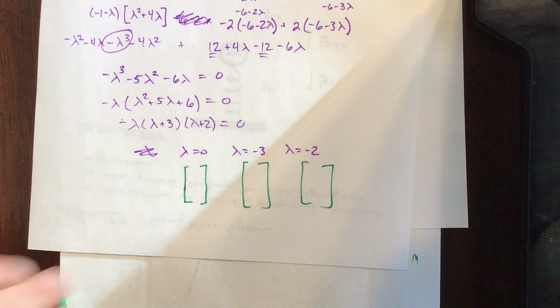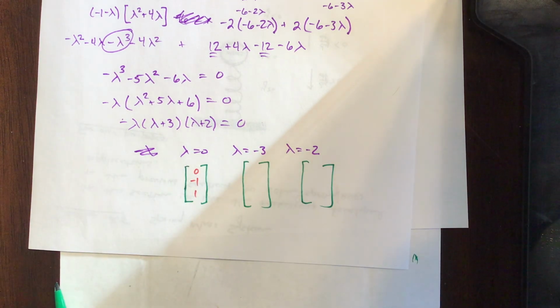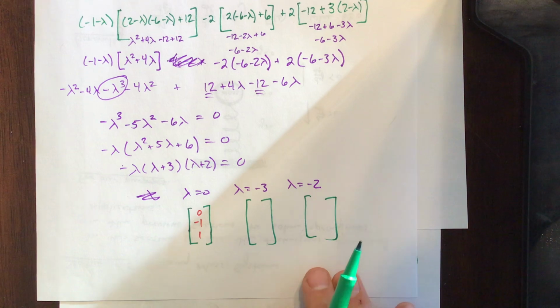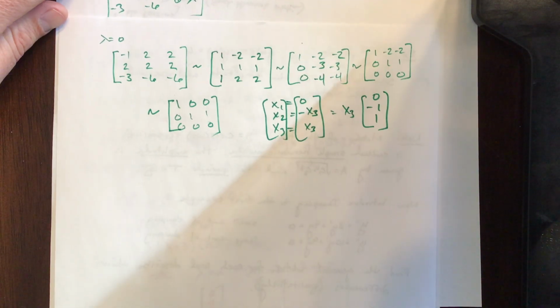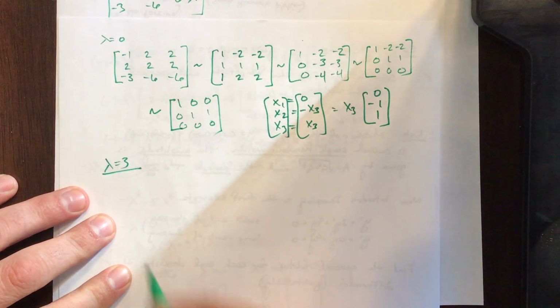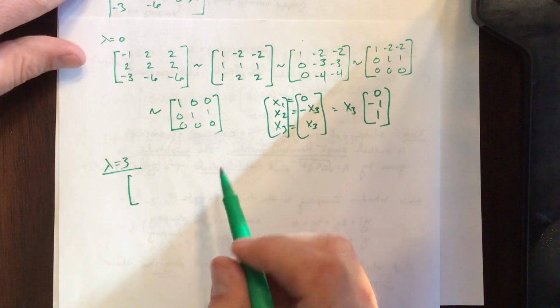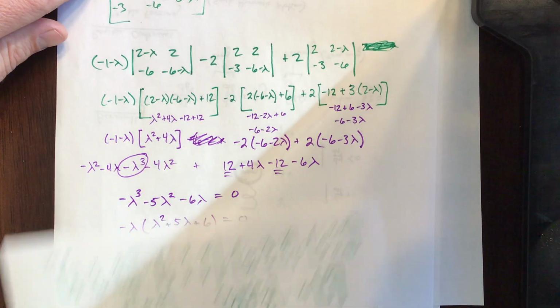So let's write that here: 0, negative 1, and 1. All right. What happens if lambda is equal to 3? If lambda is equal to 3, then we have negative 3.